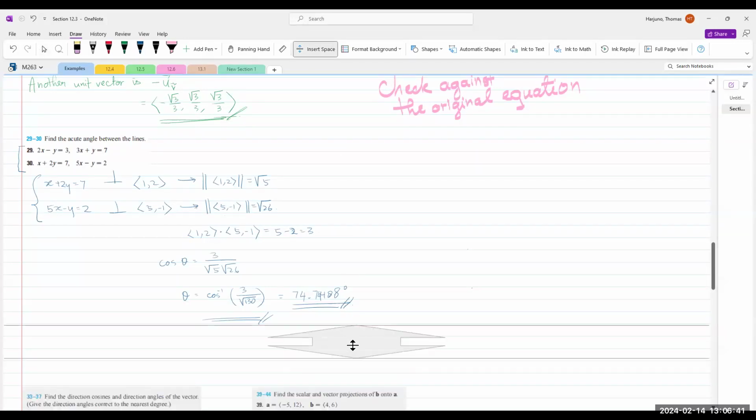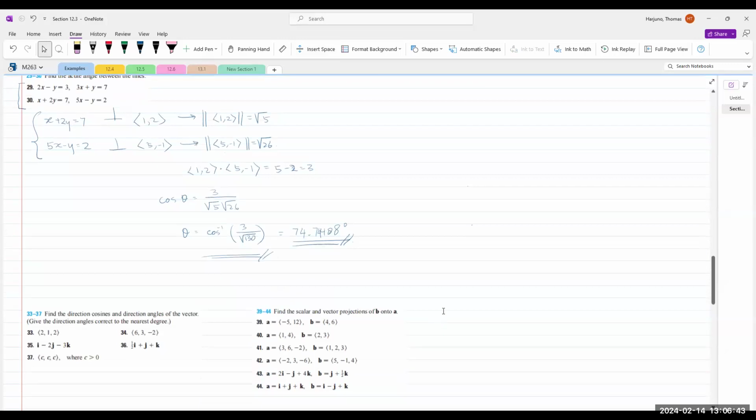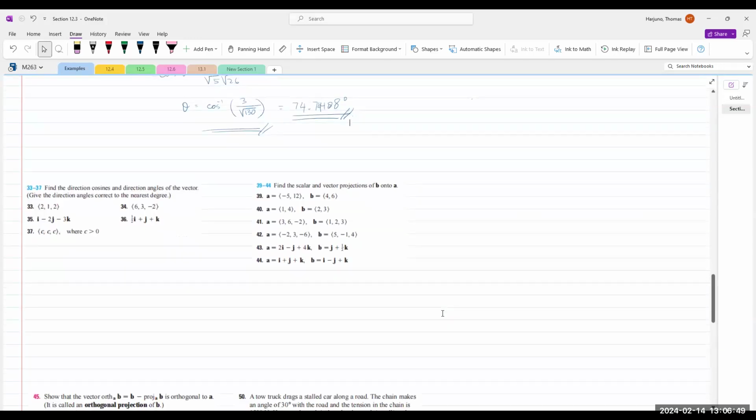Again, this question is not the one I actually did in my lecture, but we learned something from there. Numbers 33 to 37, find the direction cosines and angles of the vectors. Well, this is just standard procedure. I would just do, let's say, number 34. Direction cosines and direction angles.